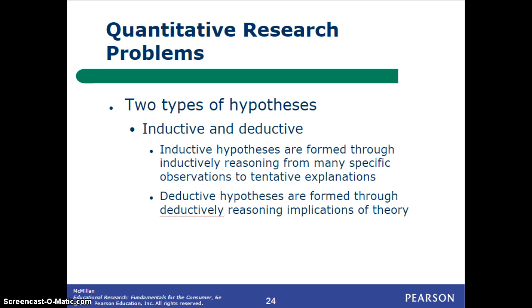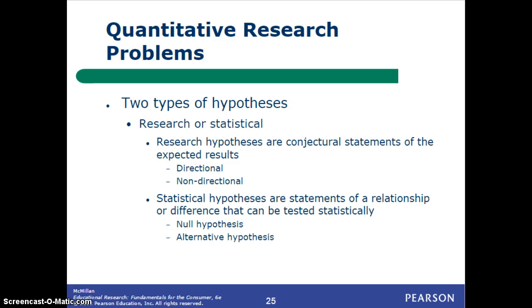Two types of hypotheses: inductive and deductive. I think that Macmillan does a really nice job in Chapter 2 of providing a clear explanation of these. Most of the hypotheses that you're going to see as you do your library searches for MRP are going to be statistical hypotheses.